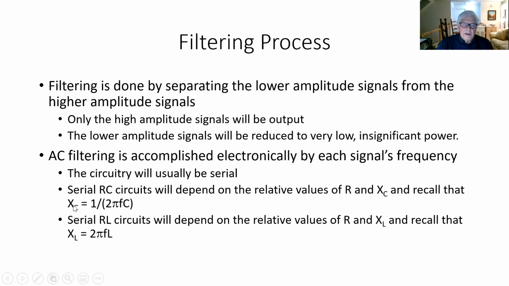In the case of a capacitor, the reactance is inversely proportional to frequency. In other words, as the frequency goes up, the reactance goes down. The opposite is true for an inductor. As the frequency goes up, so does the reactance.